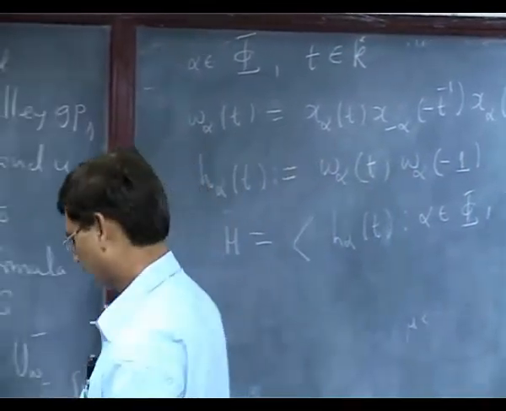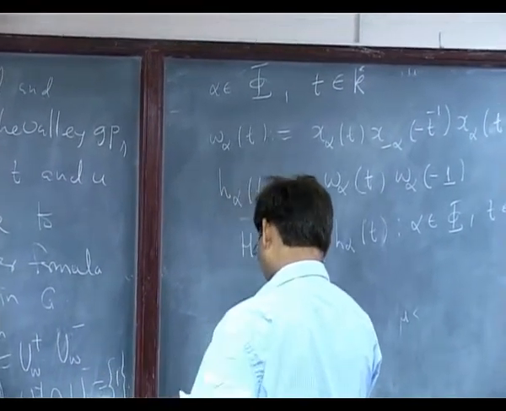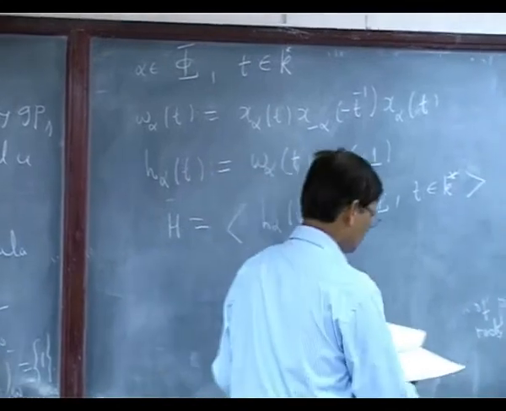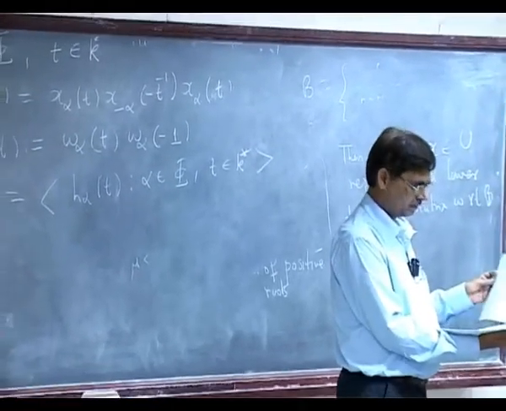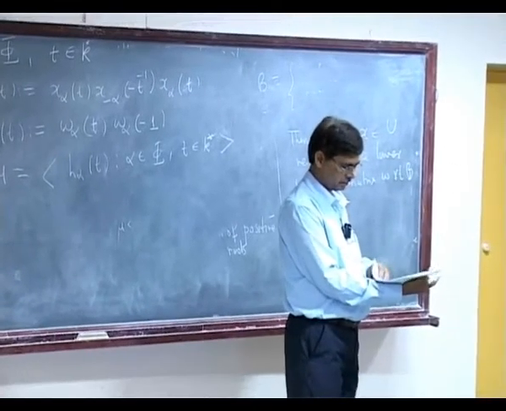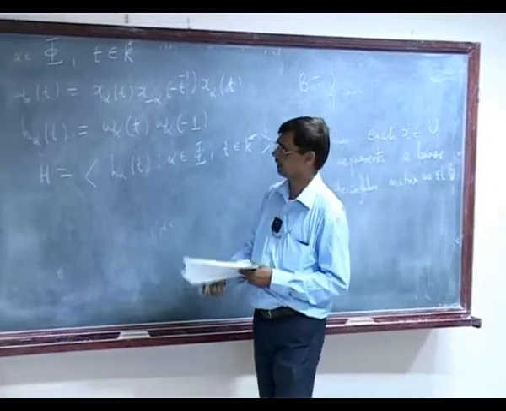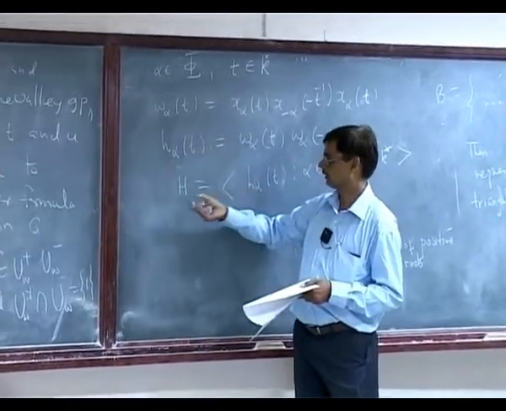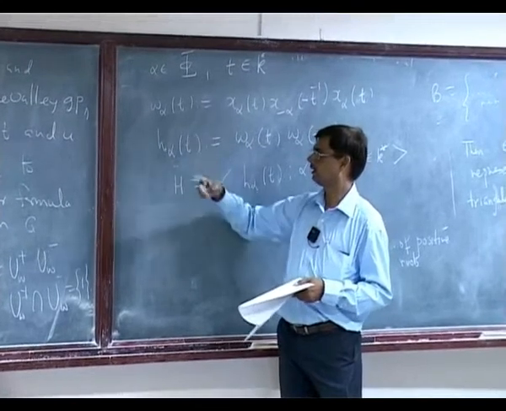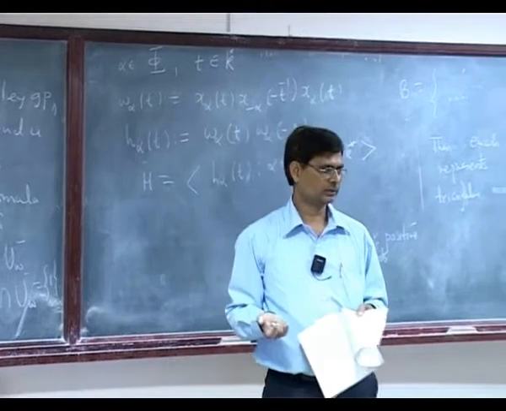So, there is some very interesting property, which I will mention next time. If I take the subgroup generated by this kind of element, then H is normal there and the quotient group is the Weyl group. Okay.